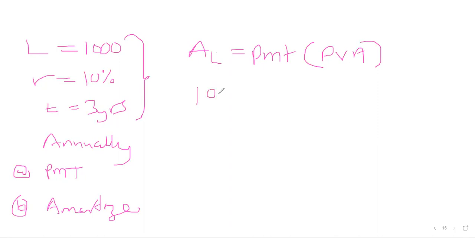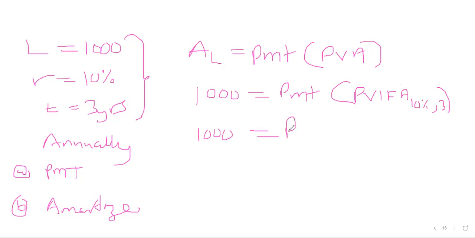So the loan that Moise has is 1,000. The payment is what we want to calculate. Present value interest annuity factor is 10% for 3 years. When we check in the table, who remembers the value? Hope you know how to read it. 2.487.